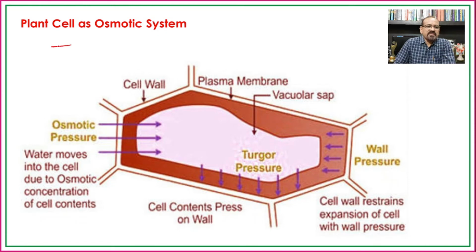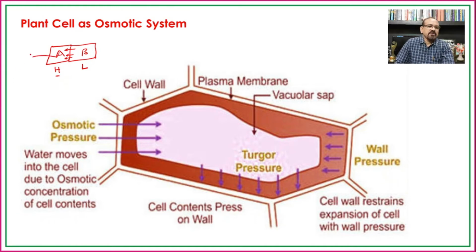Say, for example, there is a cell A and another cell B. Suppose cell A has the higher concentration and cell B has the lower concentration, so the water will start to move from the lower concentration to the higher concentration.